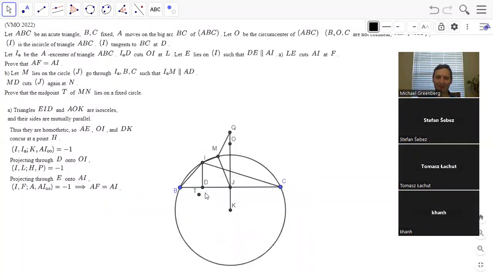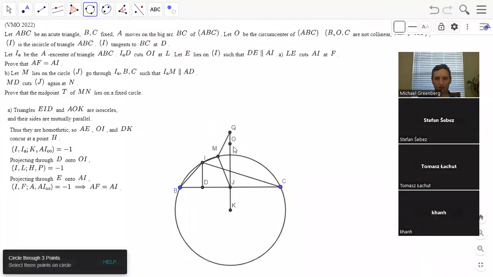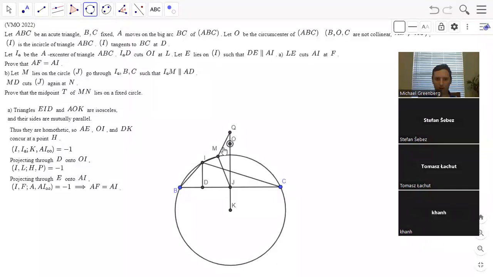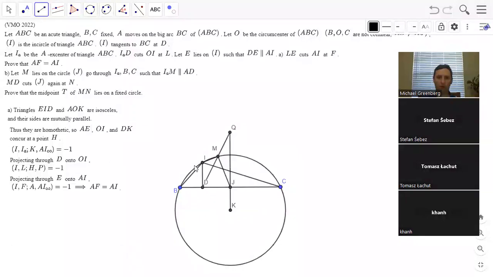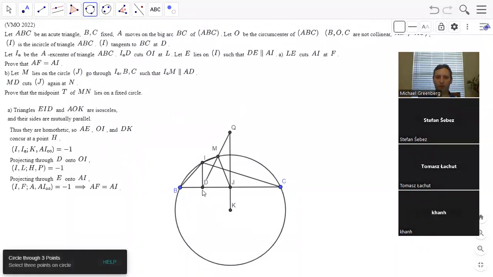It's hiding everything. Yeah, so we want to show wherever we move I, DM intersects this at a fixed point.